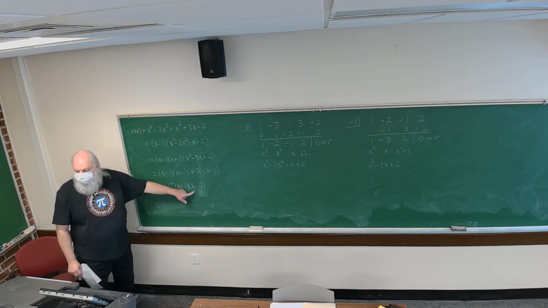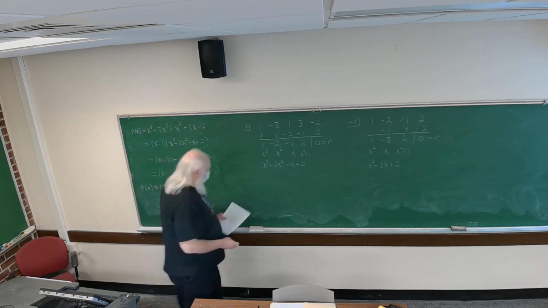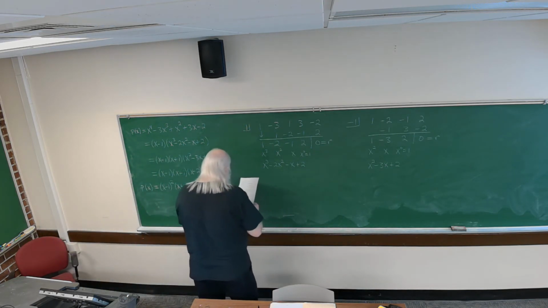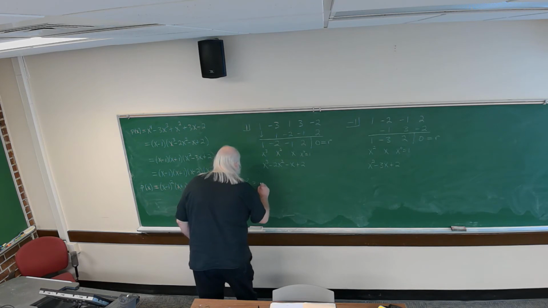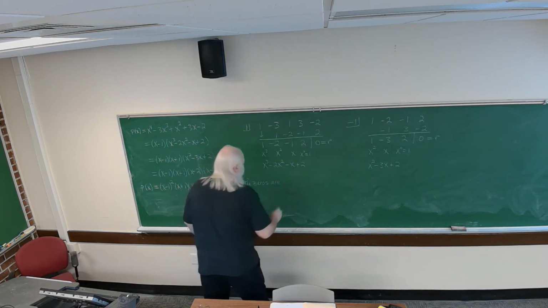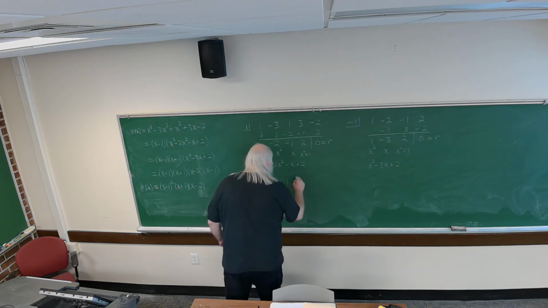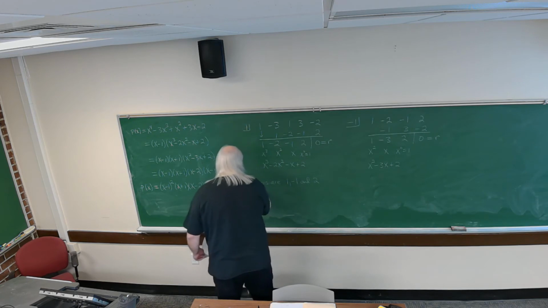Plus 2, right? So the zeros are all rational numbers for this problem. They are 1, minus 1, and plus 2.